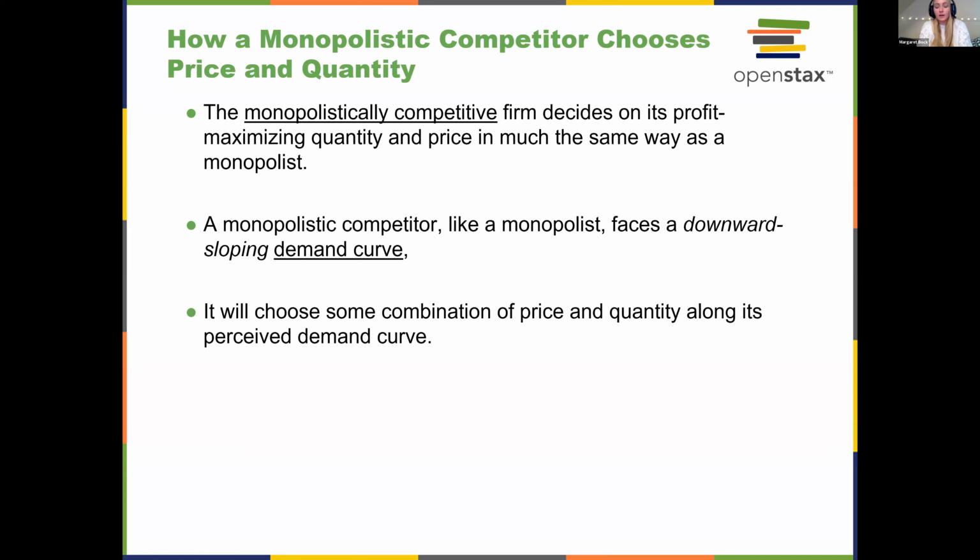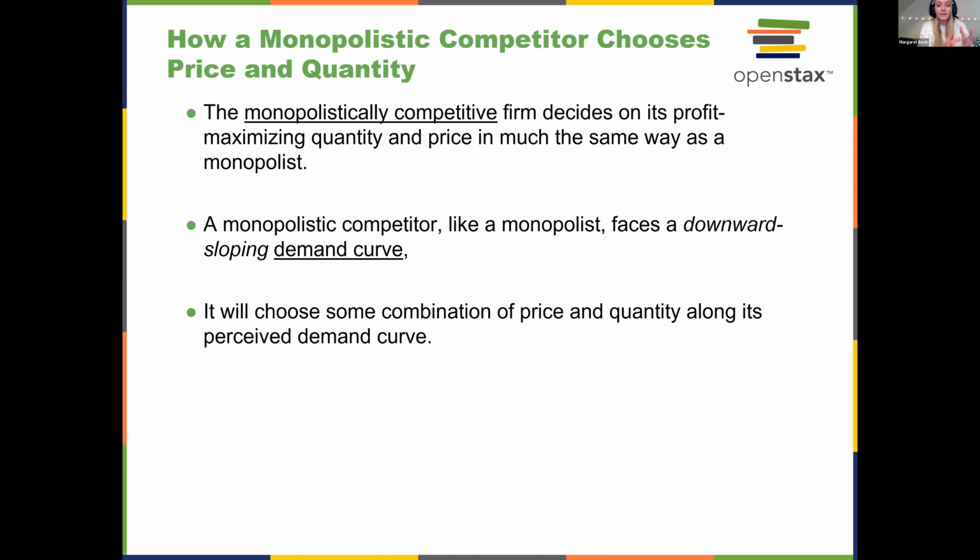In this video, we're going to be analyzing the short run equilibrium and the long run equilibrium that comes about from monopolistic competitors. And an interesting finding occurs when we compare the short run to the long run equilibriums.